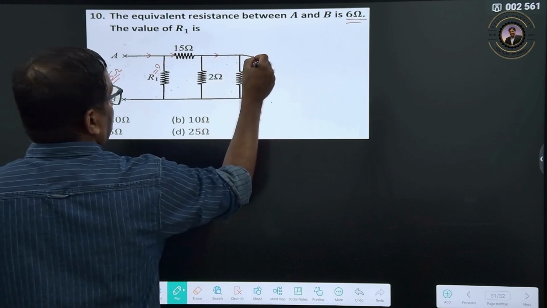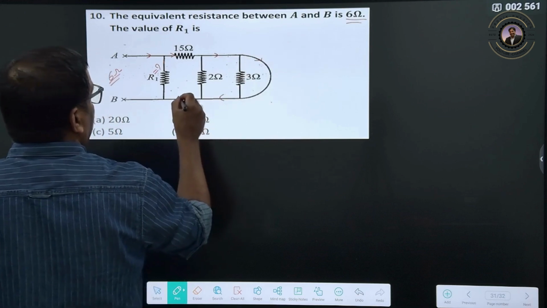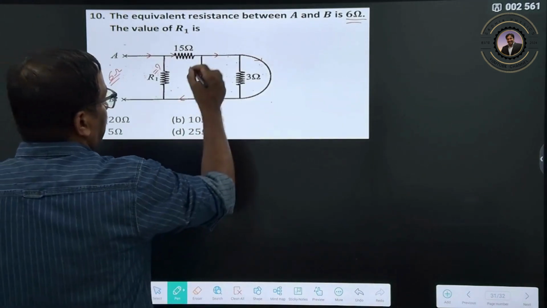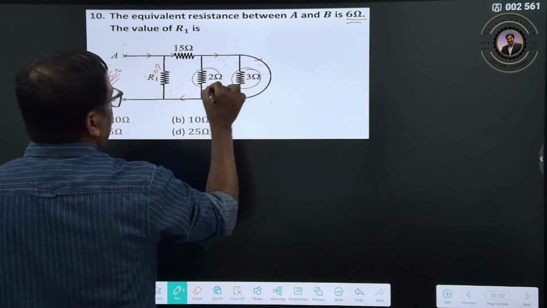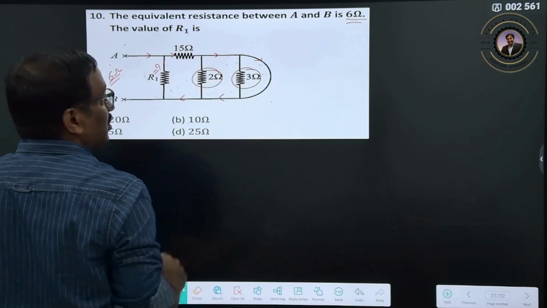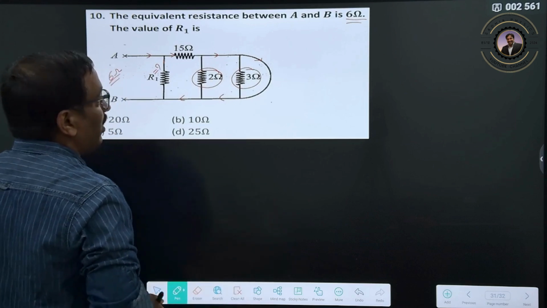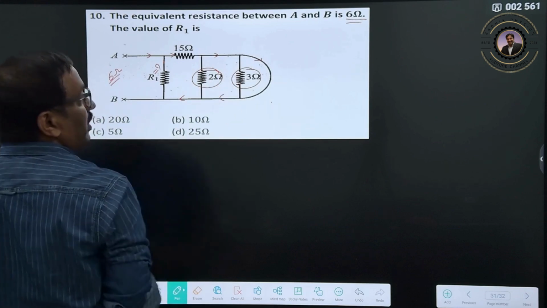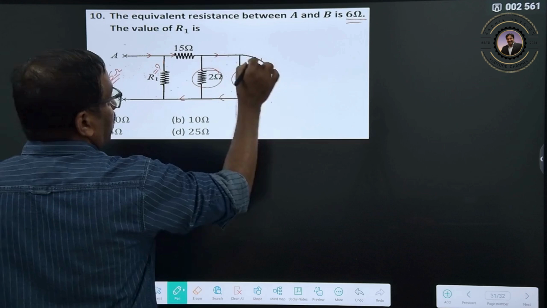So it need not go across this one, need not go across this one. Clear? So that means these two parts can be short circuited here. Most of the students will take this only as the short circuit, but they will take it from here to here.